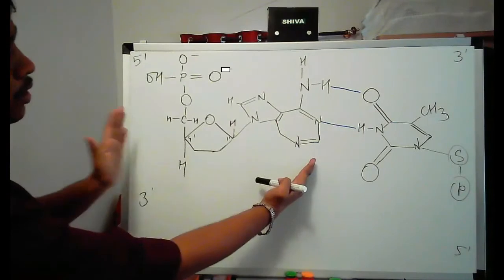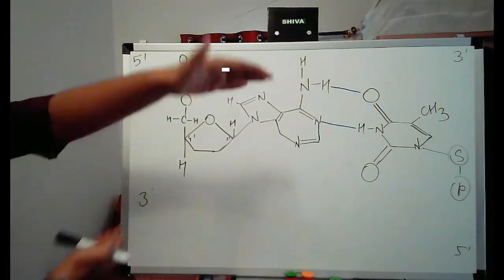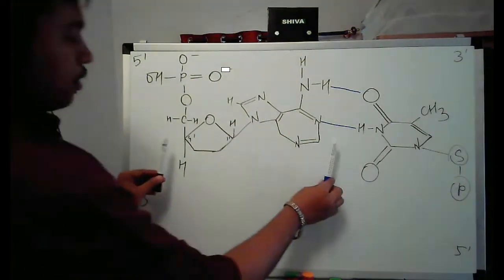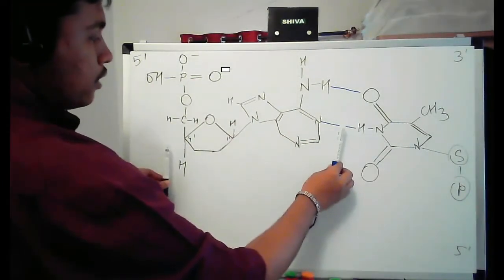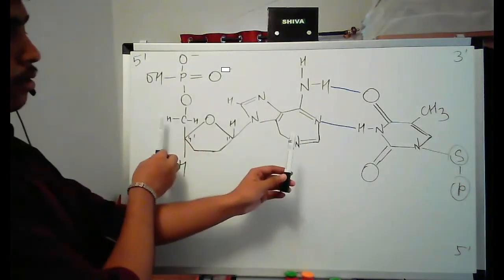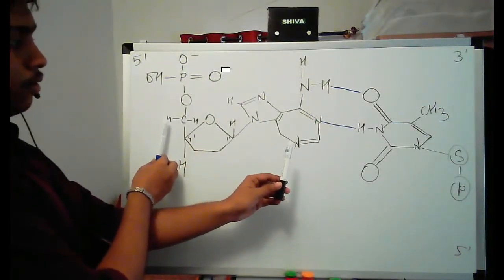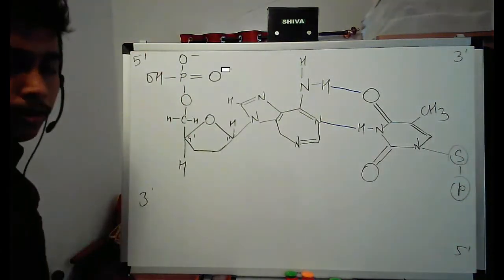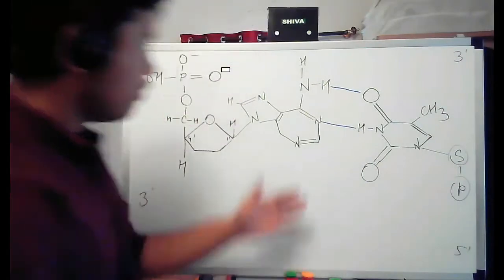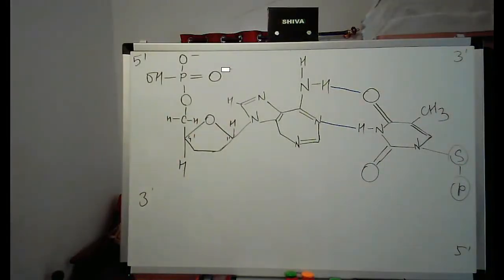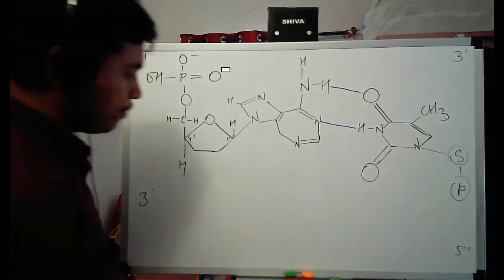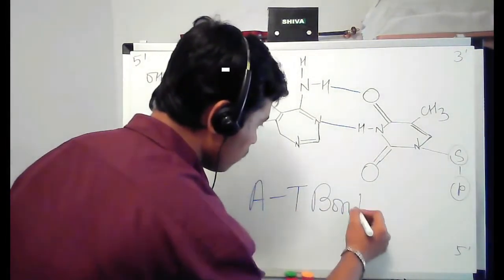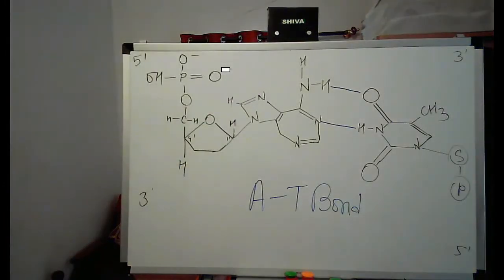First it became like this, and second it turned upside down. So this is what happens in the formation of the AT bond, the adenine thymine bond. Please copy that down.